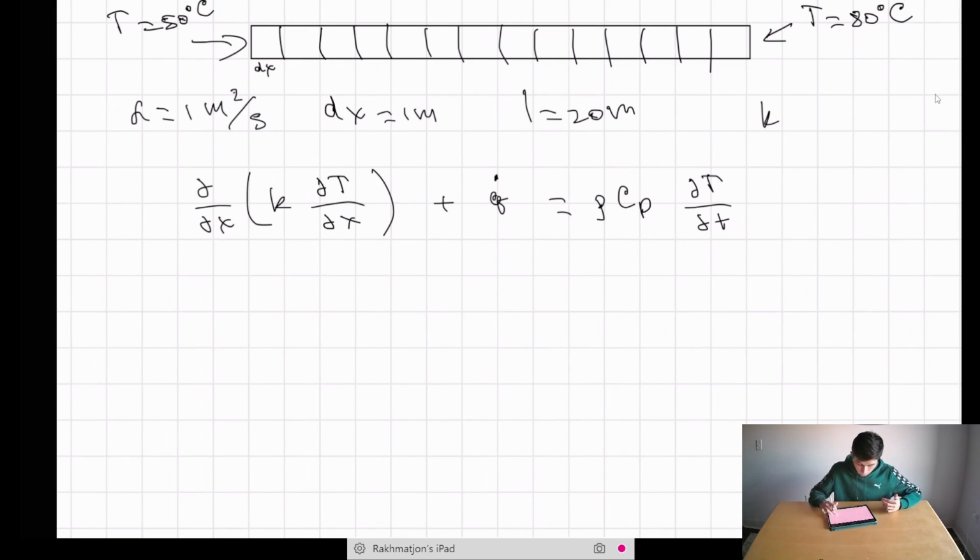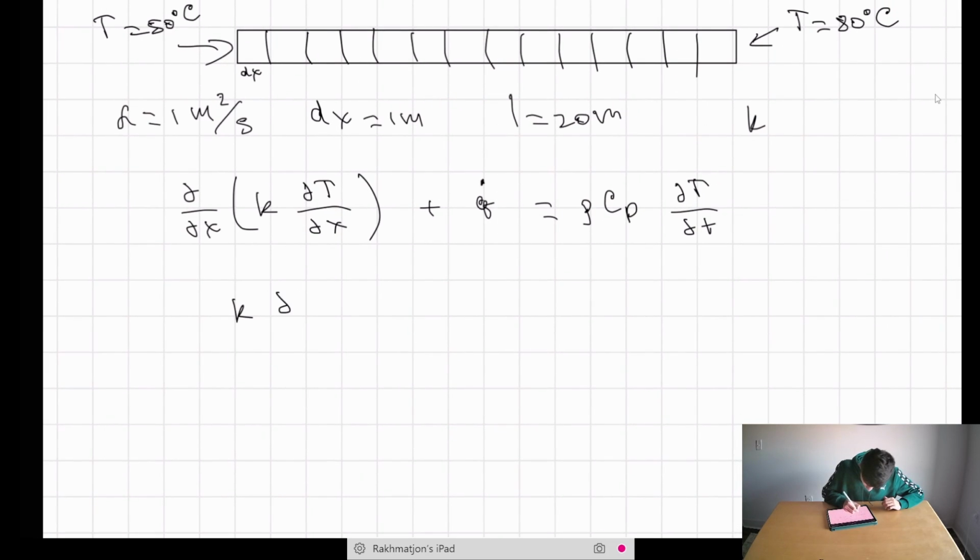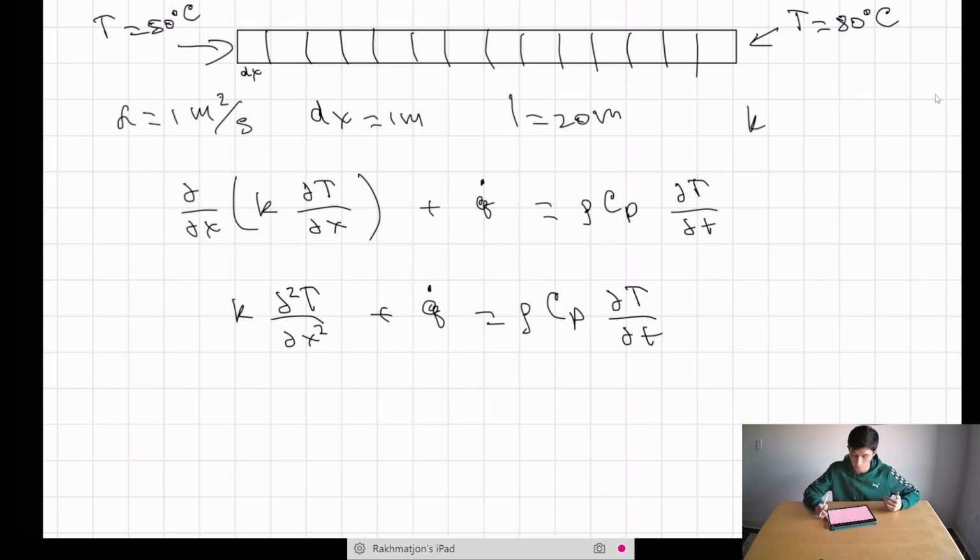So as we're given alpha, if I rewrite this equation, I can take k out of the parentheses and that's going to be the second derivative of temperature with respect to x, right? Plus q is equal to rho Cp times the first derivative of temperature with respect to time.